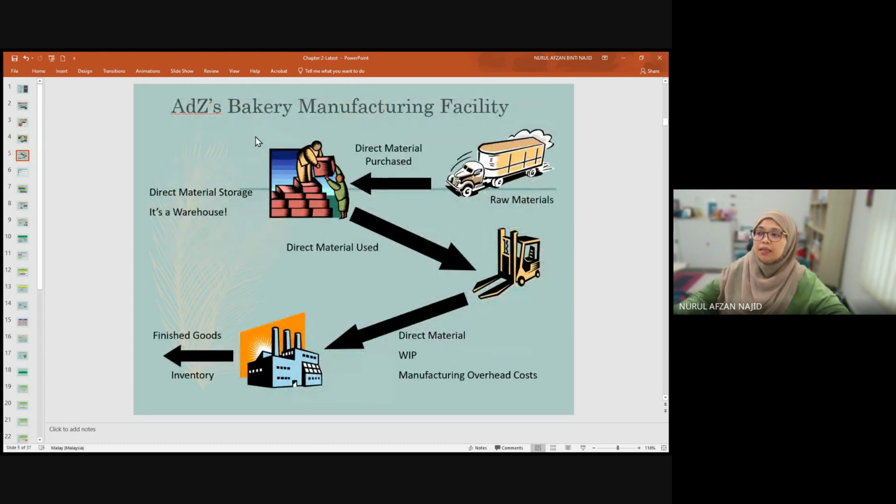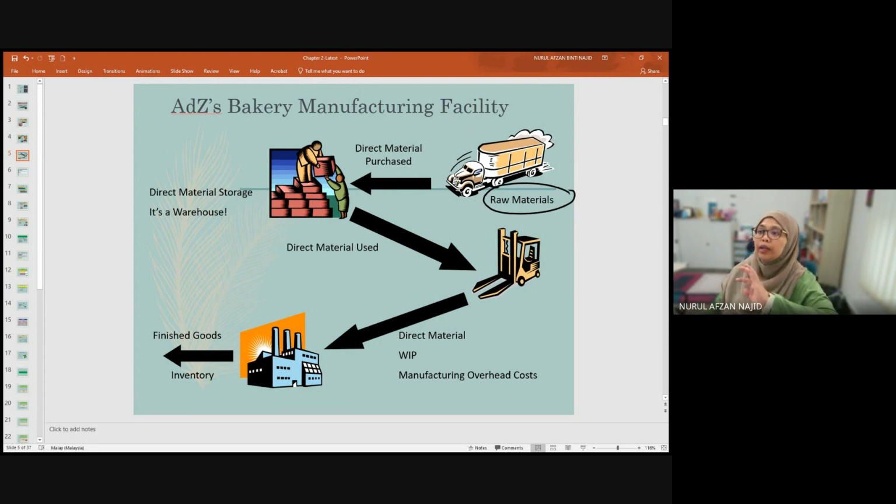Then next slide is regarding the process in the manufacturing facility. Apa yang kita buat sebenarnya bila kita dalam manufacturing industry? Okay, bila kita part of the production industry. Okay, first of all, of course, kita akan order raw material from the supplier.